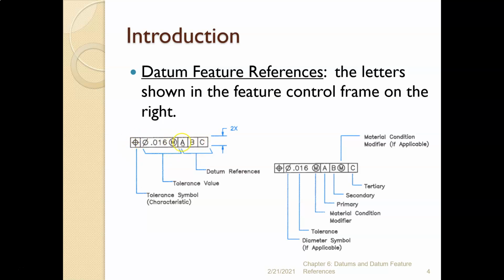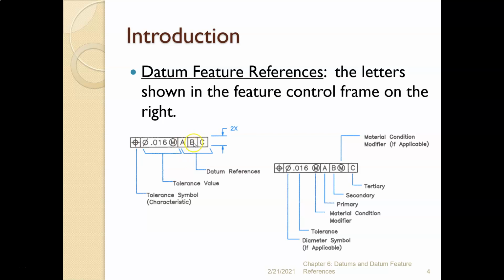They're called out in individual boxes. These are our datum references. The first datum reference, the one farthest to the left, just adjacent to the tolerance value, is always the primary datum. That carries the most importance in terms of datums. So A, in this case, is the primary datum.